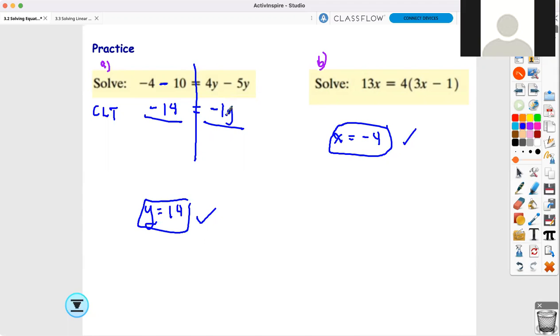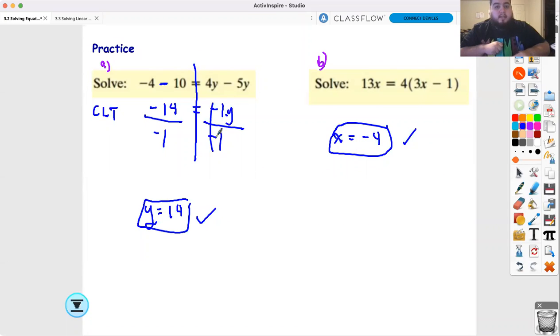It's an operation. Multiplied. Multiplication. And the opposite of multiplication is division, and then divide both sides by negative 1. Yep. And then right there, y is by itself. And then negative 14 over negative 1. Two negatives make a what? Positive.